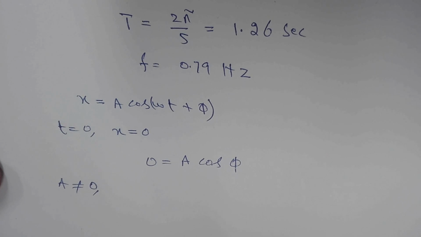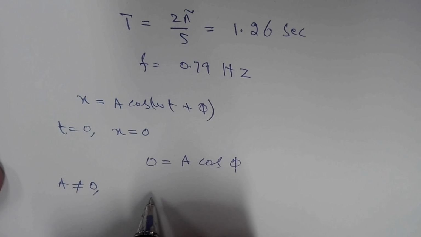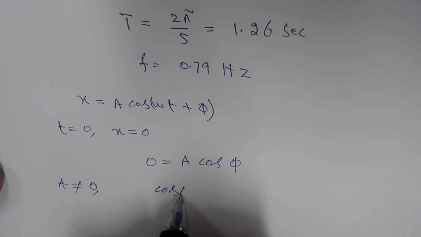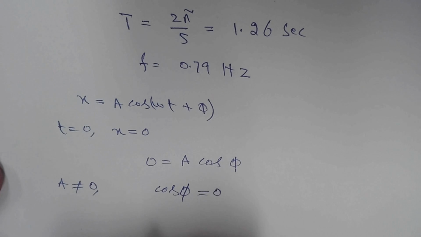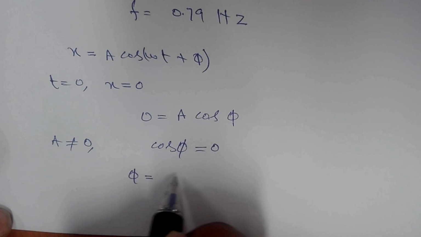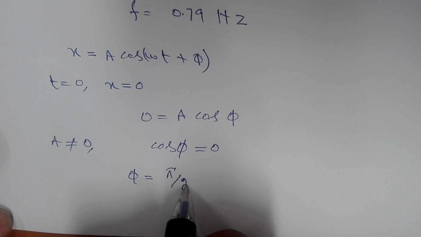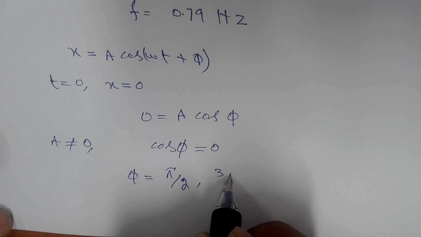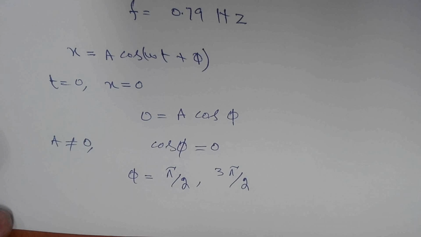So amplitude A is not 0. So the only solution is that cos phi is equal to 0. That means phi should be equal to pi over 2 or 3 pi over 2.